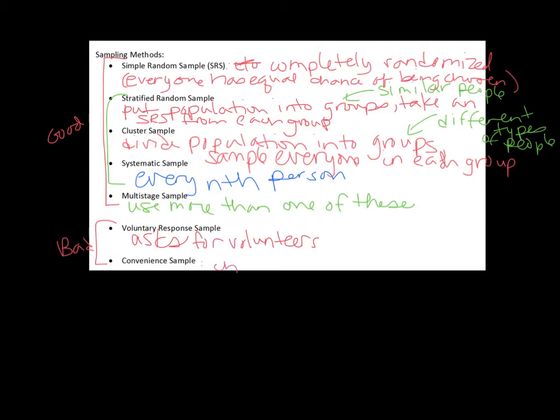So you choose individuals who are easiest to reach. So this one won't give you a very good representation.